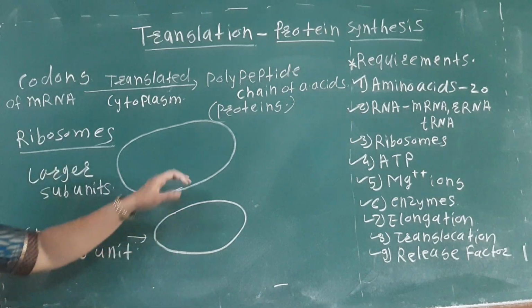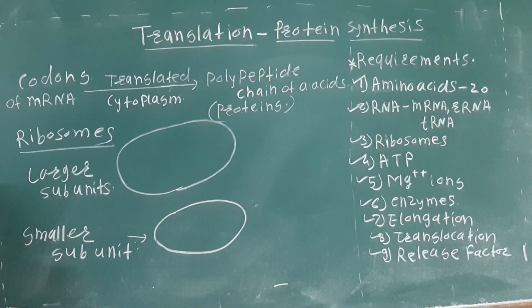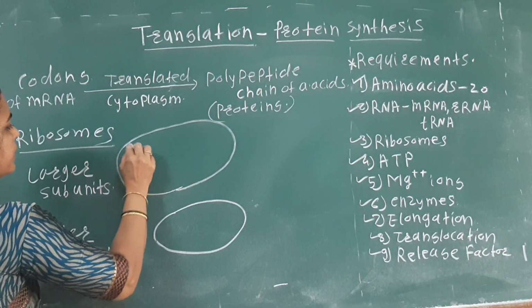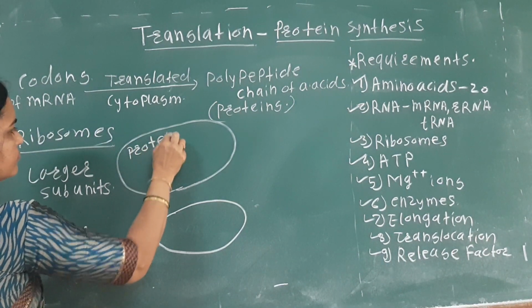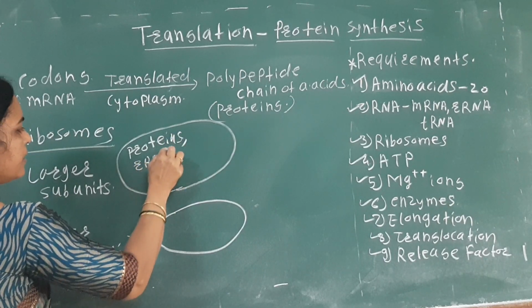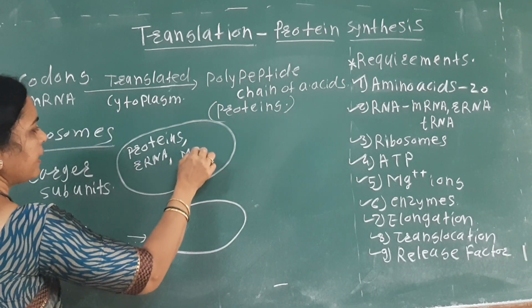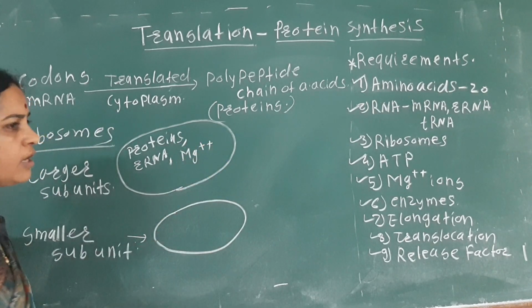The ribosome's larger subunit is a sac-like structure, and it has components such as proteins, then rRNA, the ribosomal RNA. It also has magnesium ions.